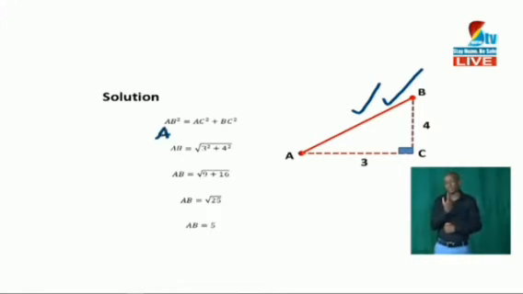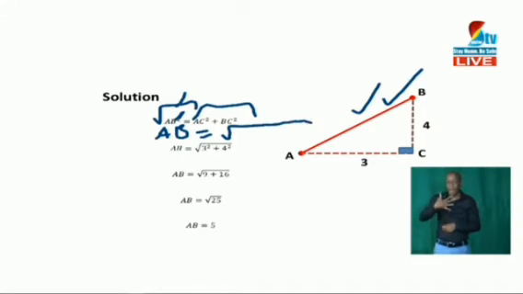You just square root both sides. The square root cancels the 2, then we have AB is equal to the square root of AC squared plus BC squared.